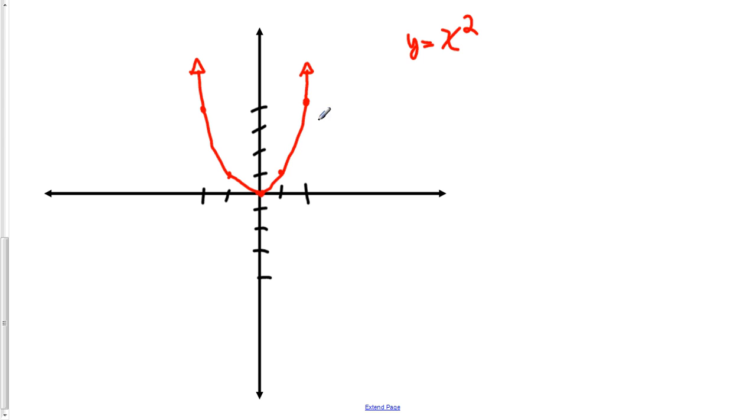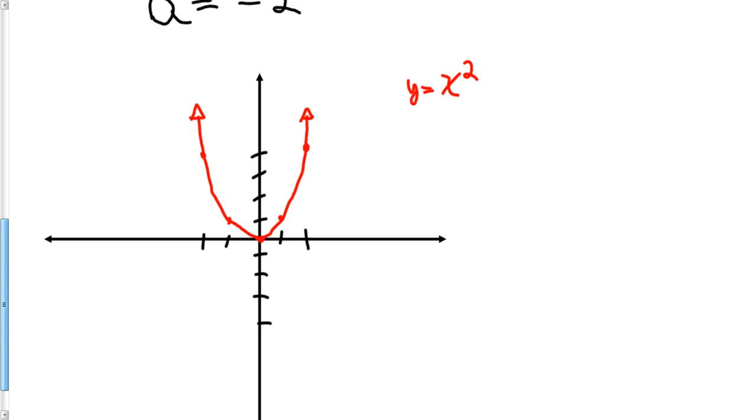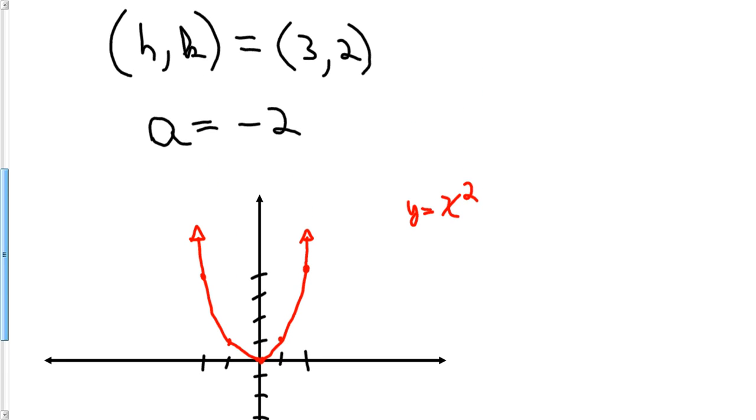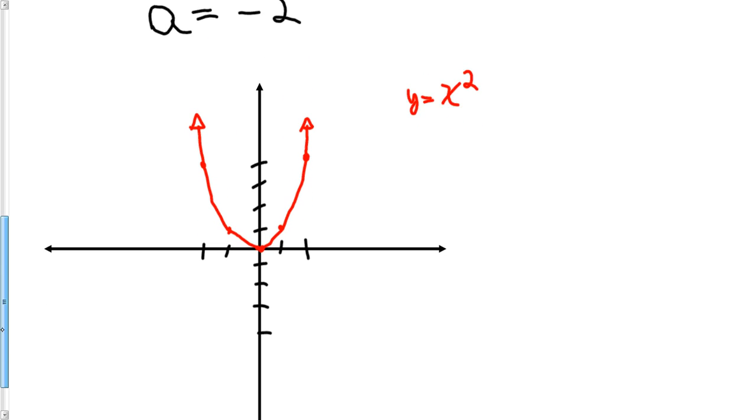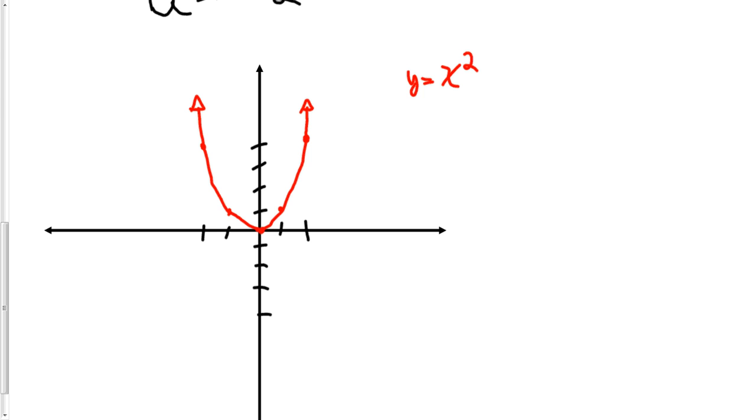What I'm going to do is take all of these points and multiply their y values by the value of a. Remember, a was -2. So let's see what happens here. From the vertex, let's graph this one in blue.